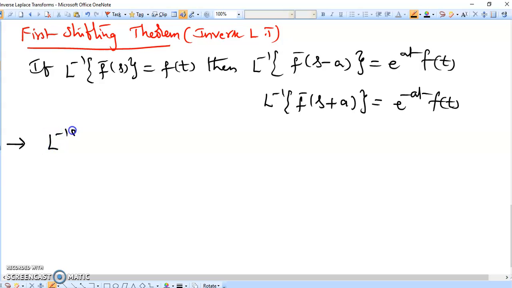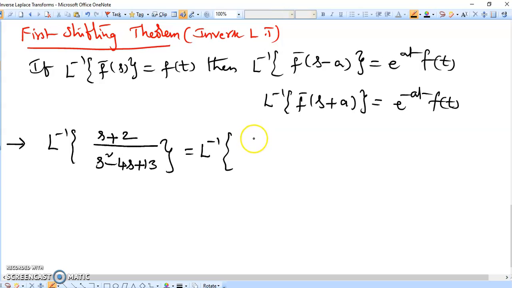Right now, L inverse of s plus 2 by s square minus 4s plus 13. So this is our given problem, and we observe that for this particular example, the denominator cannot be split into factors. Okay, so it is difficult to apply partial fractions. Now for that, what I will do is I'll try to add and subtract 2 in the numerator.